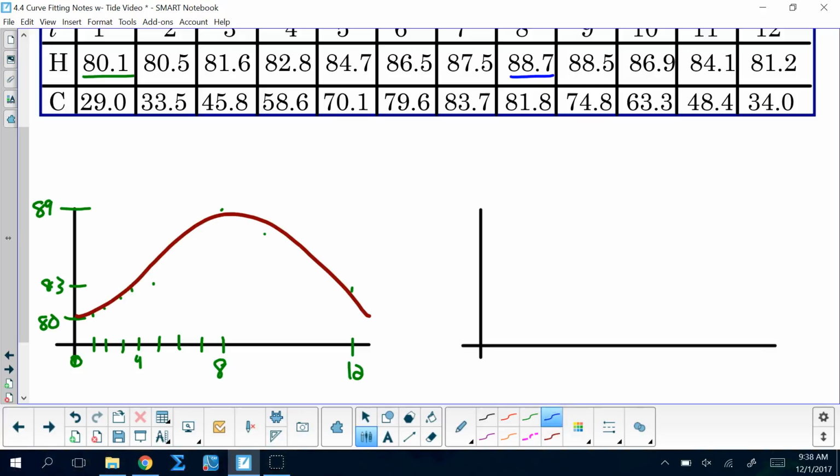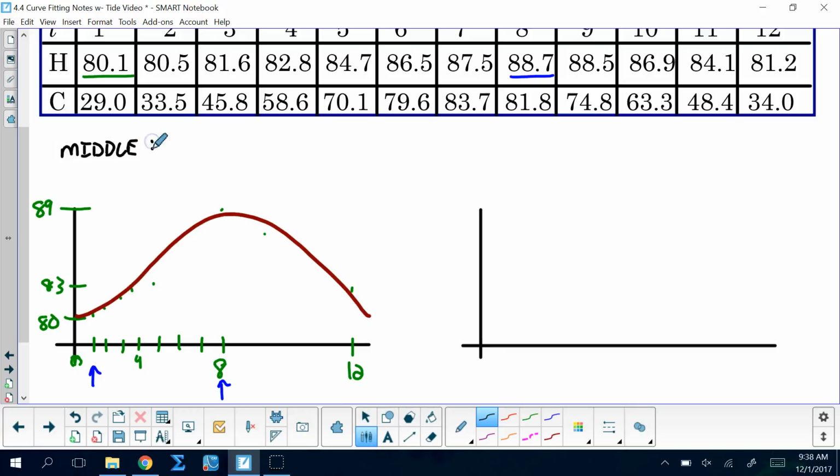My high value was at 8. My low value was at 1. So halfway between the high and the low would be my middle. Which is going to be, so I need to go 88.7 plus 80.1, that's 168.8, so that's 84.4.